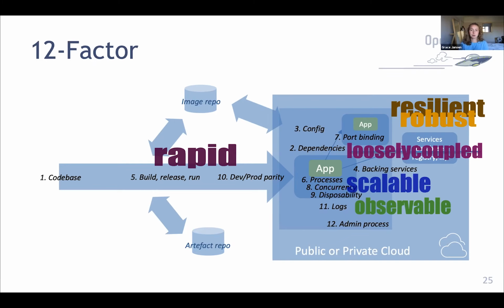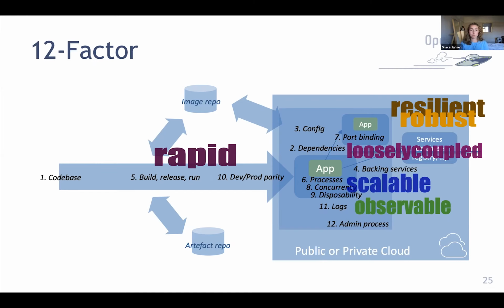And enabling resiliency and robustness in case our application or any component within it goes down, enabling that inbuilt behavior to bring it back up and to continue as normal. So you can see that here is where we can enable those generic characteristics through following this map that's provided by the 12-factor app methodology.